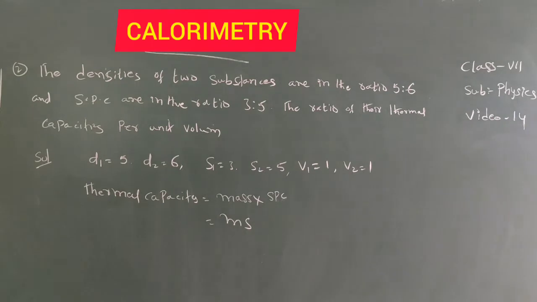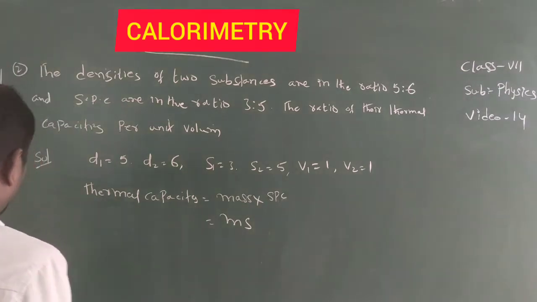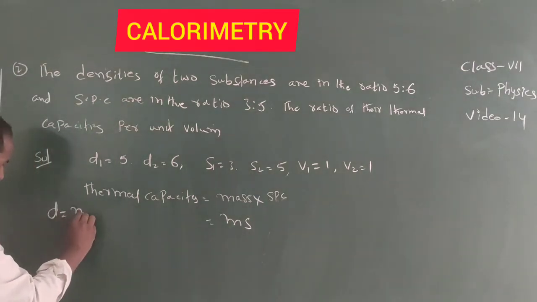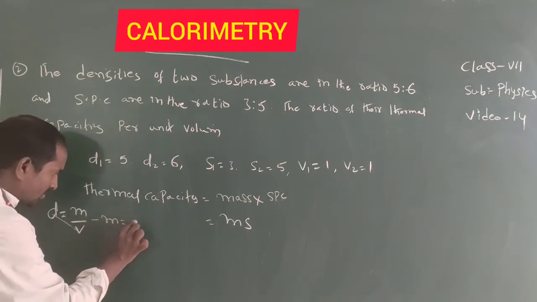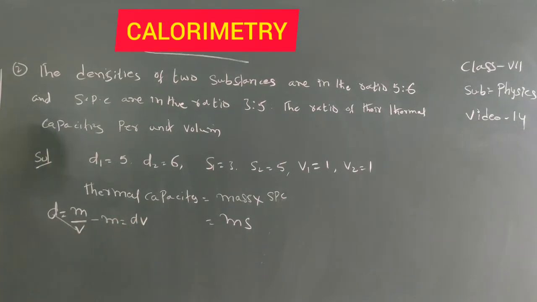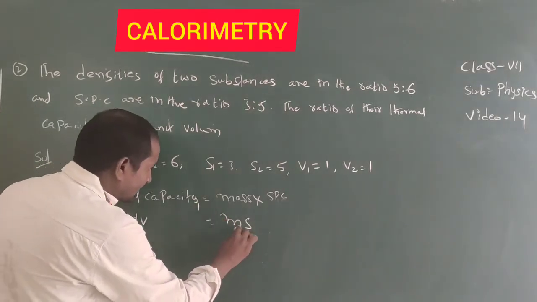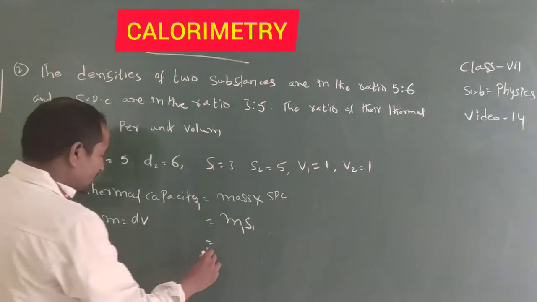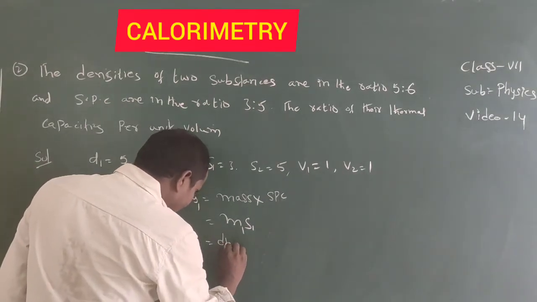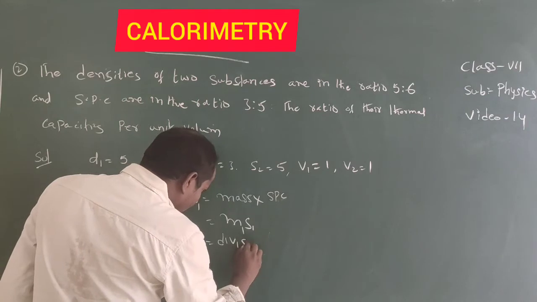But we know that mass equal to density into volume. So D equal to M by V. Mass per unit volume is called density. From this we can find the mass, M equal to D into V. So thermal capacity 1 equal to M1 into S1, and M means D into V. So we can write D1 into V1 into S1.